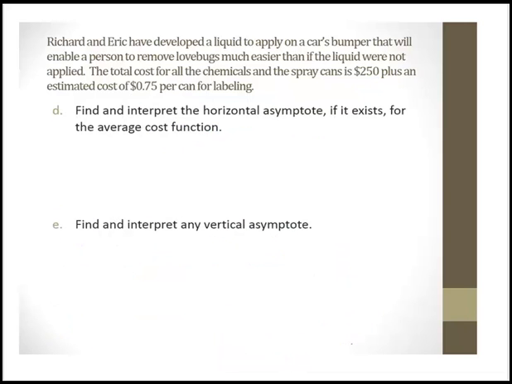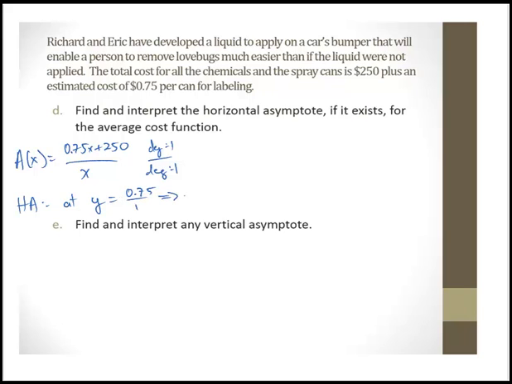Find and interpret the horizontal asymptote, if it exists, for the average cost function. Alright, so the average cost function was 0.75x plus 250 over x. So now, since we have a degree 1 over a degree 1, I would get a horizontal asymptote at y equals 0.75 over 1, so at y equals 0.75.